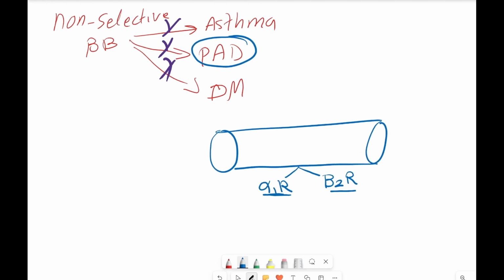According to your information in the autonomic nervous system, if you activate beta-2, the result will be vasodilation, and if you activate alpha-1, the result will be vasoconstriction. And we have balance between beta-2 and alpha-1.